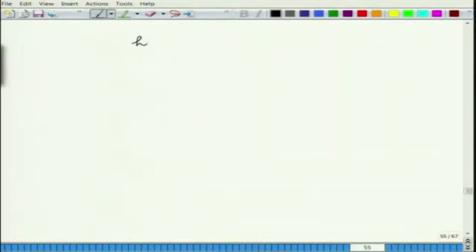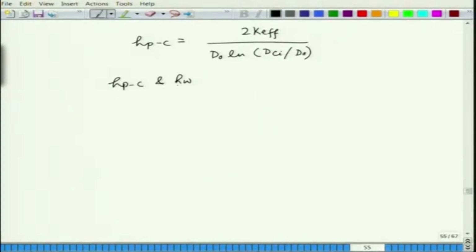So, with all this, the convection heat transfer coefficient between the plate and the cover will be this value, 2 k effective, that means conductivity effective, divided by d naught ln of d c i divided by d naught. Okay. So, basically we were after this h p c and h wind, right.